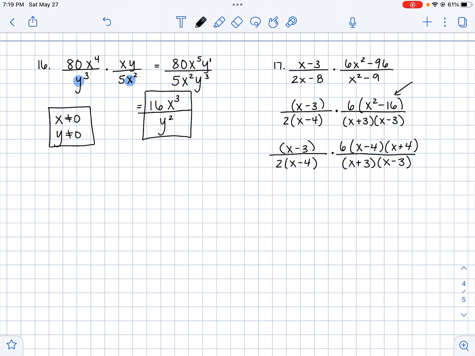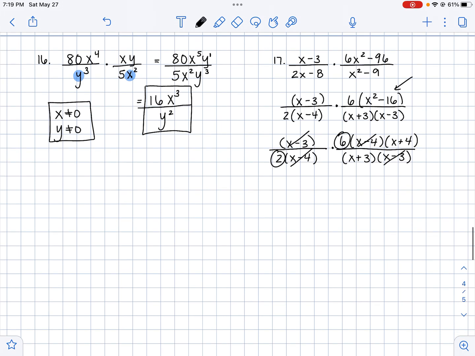And remember, when we can reduce, you can reduce one factor on top, one on the bottom, even if they repeat more than that. So 1, 1, -4, -4. And I can actually reduce 6 over 2 is 3. So I'm going to have 3. And then I'm left with an x plus 4 on top. And the only thing on the bottom is an x plus 3. So that would be your final answer.